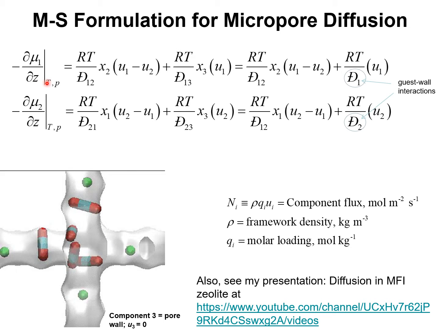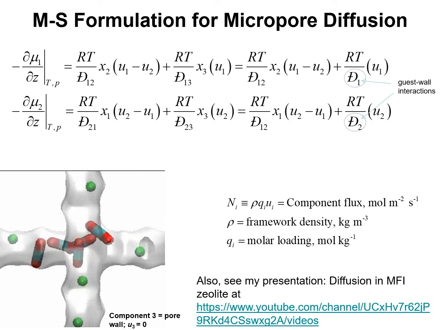Let us adapt the Maxwell-Stefan formulation to describe diffusion of two gas molecules inside a microporous crystalline material. For example, let's have a look at the animation to show the diffusion of carbon dioxide and methane within the intersecting channels of MFI zeolite.